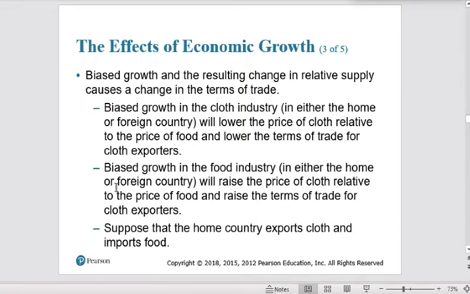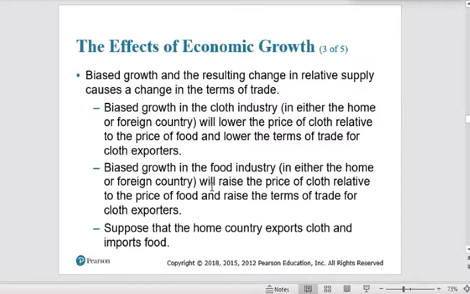Now, another story is if there's a biased growth in the food industry, what happens then? The banana will become cheaper, relatively speaking. Because when there's more banana, more food, the price of food will become cheaper relative to clothes. Even if the price of clothes does not change, still, relatively speaking, the price of clothes will become more expensive.